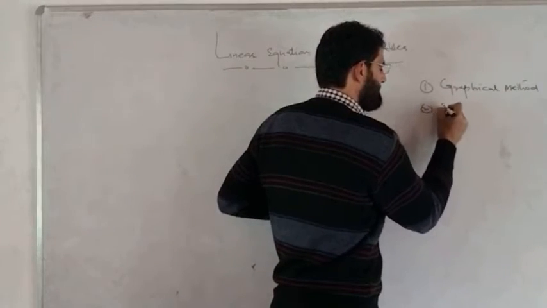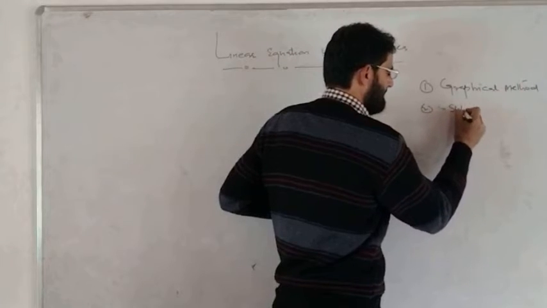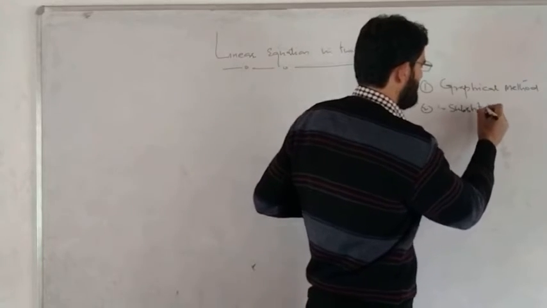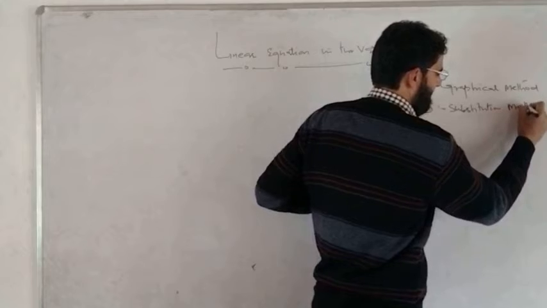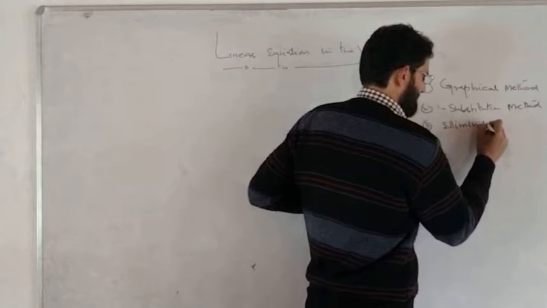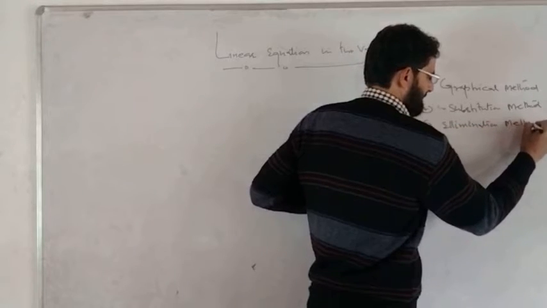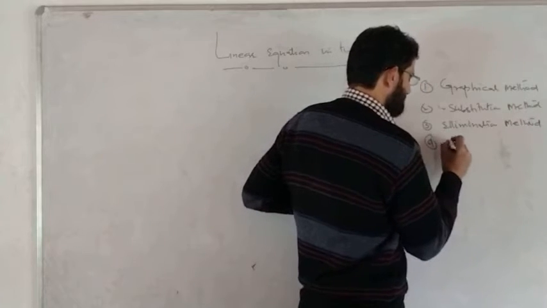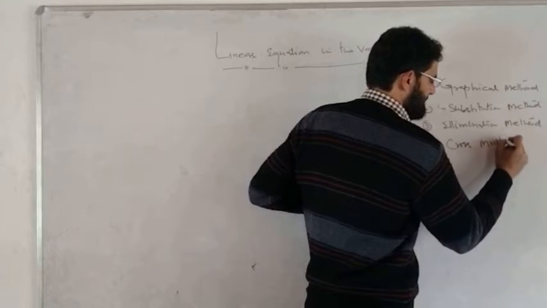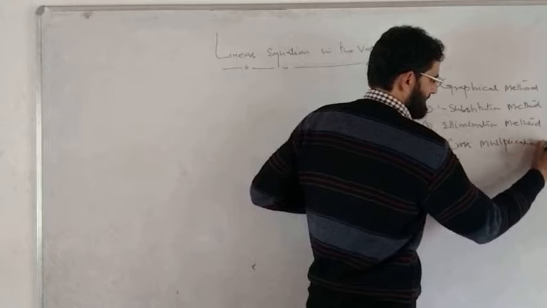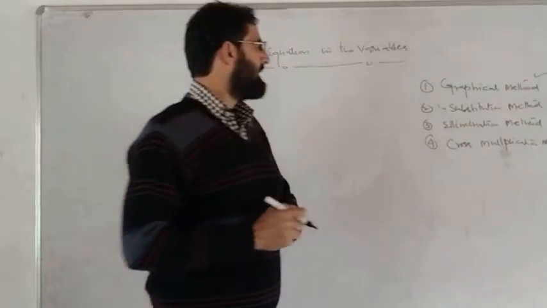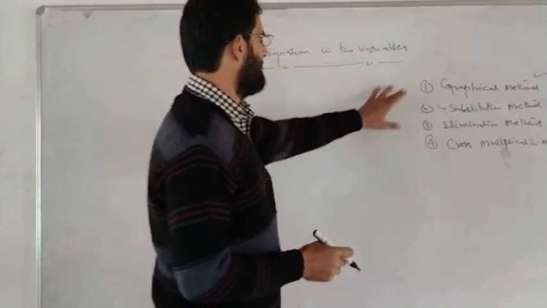Today our topic is linear equations in two variables, and we have already discussed methods of solving a system of equations in two variables. First is the graphical method. We have done it. Second is the substitution method. And third one is the elimination method. Now the fourth one is the cross multiplication method. These three, graphical, substitution and elimination methods, we have already attempted.